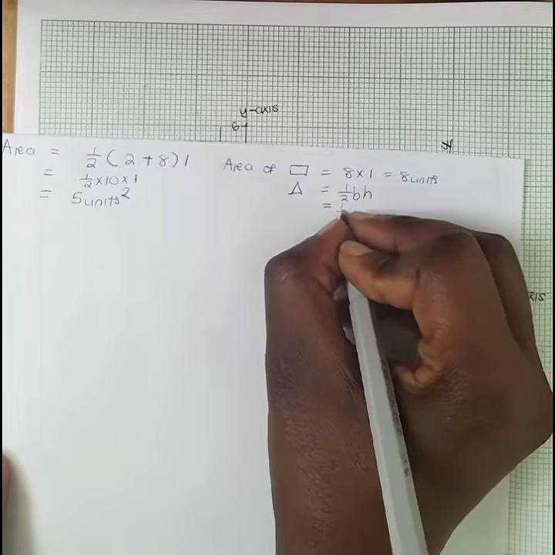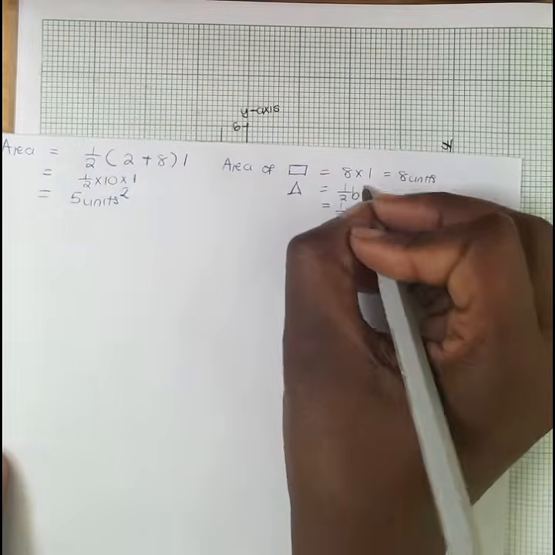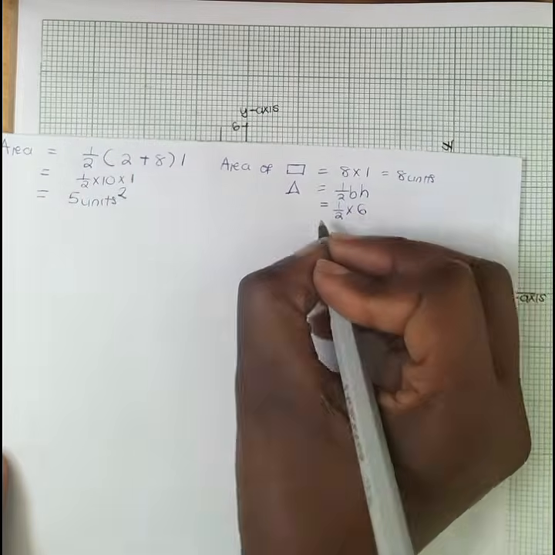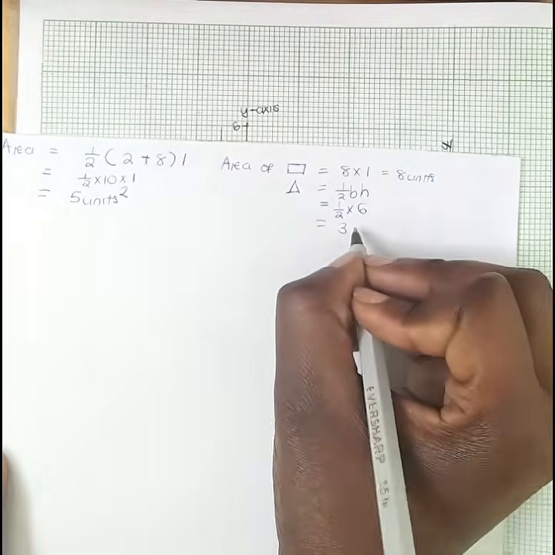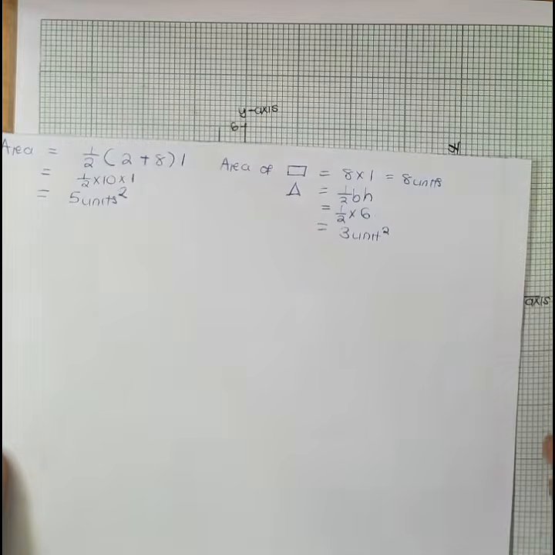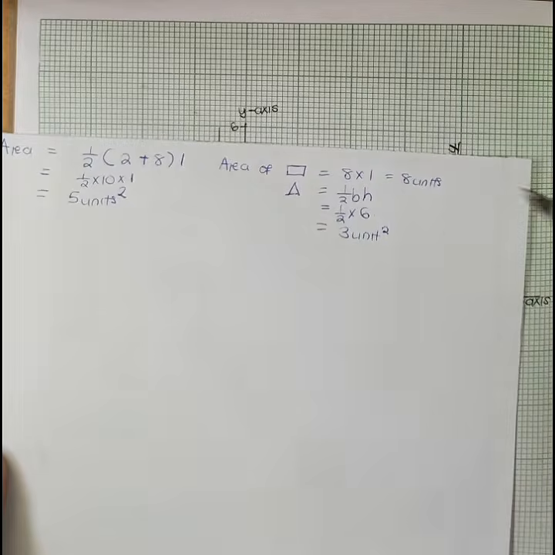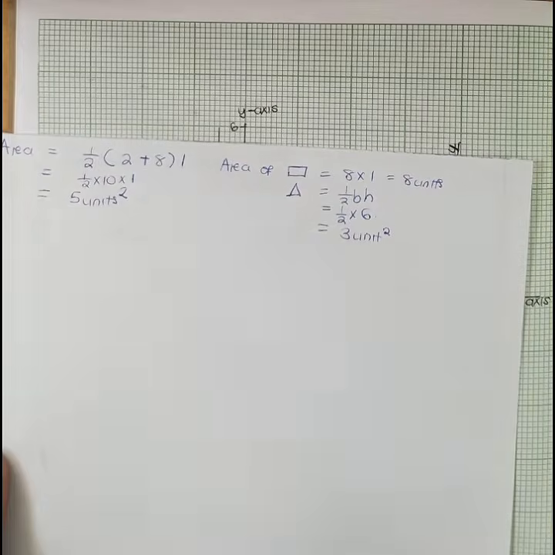The base is 1 unit, and then the height is 6 units. So we say half times 6, we are going to obtain 3 square units. So to find the area of the shaded region, we say 8 minus 3, which is equal to 5 square units.